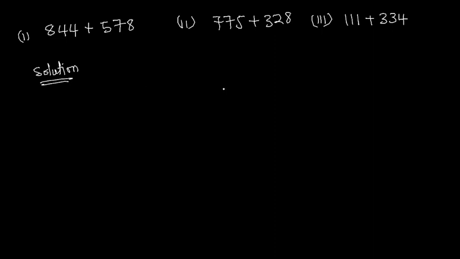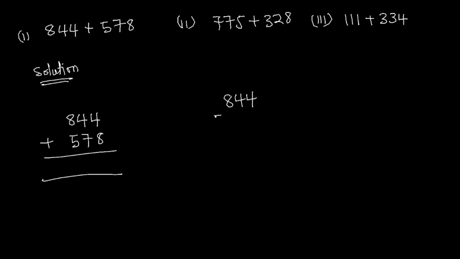Alright, so the first thing I will do is to rewrite these 3-digit values in the column format. So I have 8, 4, 4, then 5, 7, 8. My addition sign is over here. Note that I did not write 8, 4, 4, and then bring my 5, 7, 8 over here.